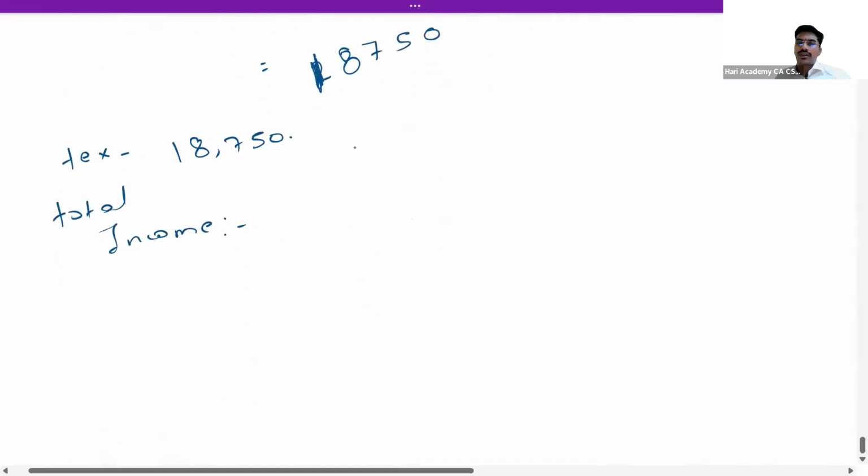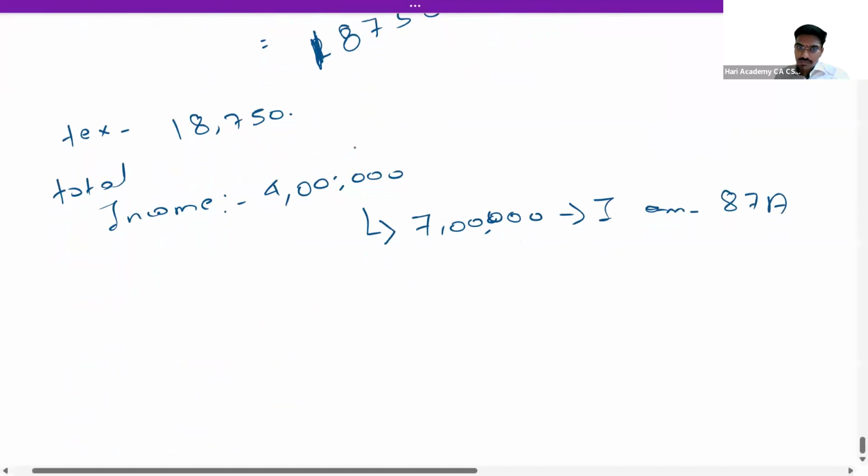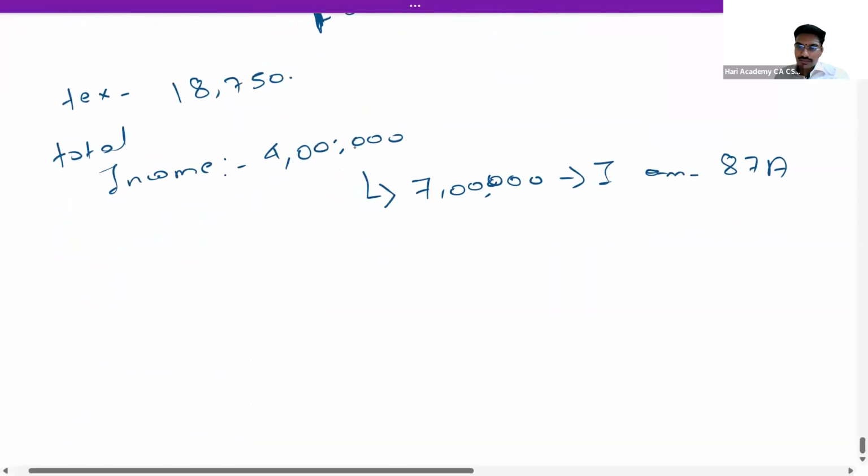My total income here is just 4 lakhs, correct? So since my income is less than 7 lakhs, I am eligible for 87A rebate. This is the twist, the turning point. After finding all these, I am now eligible for 87A rebate since my income is less than 7 lakhs.